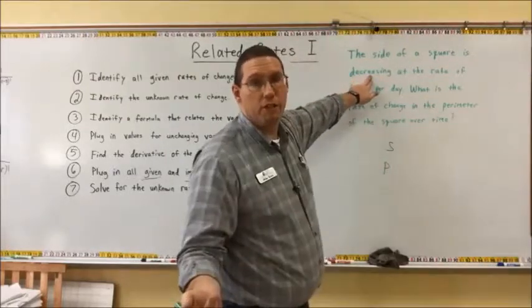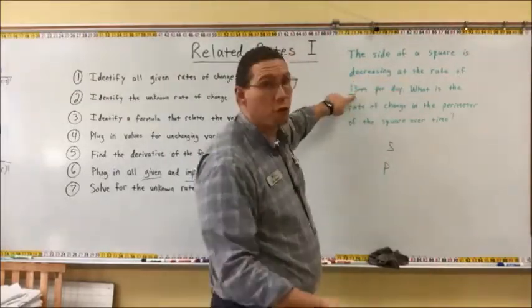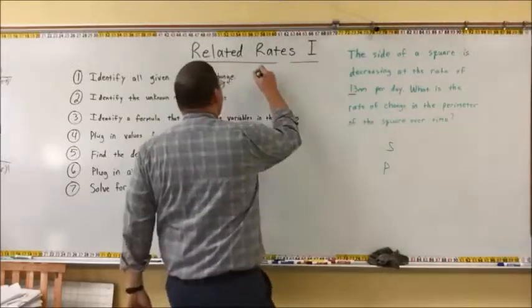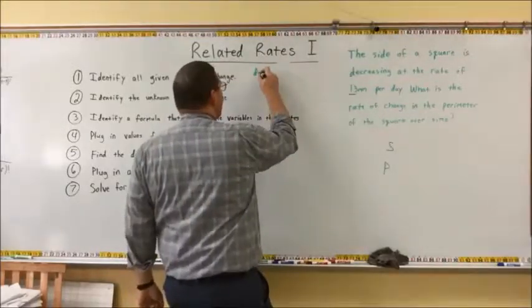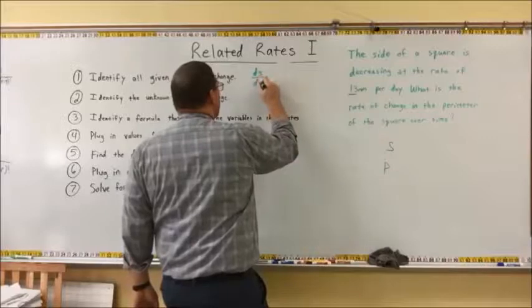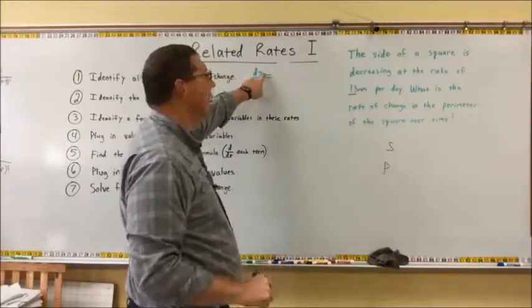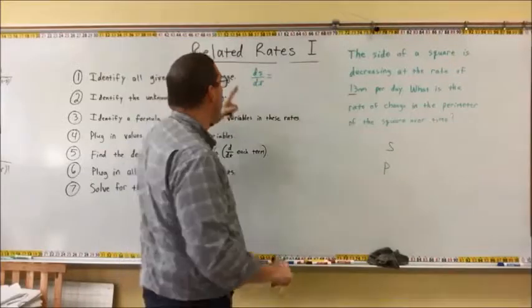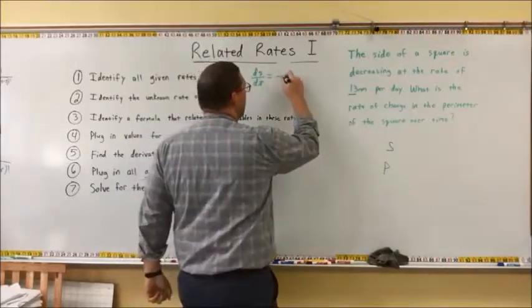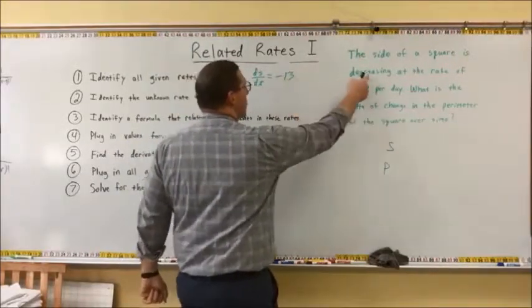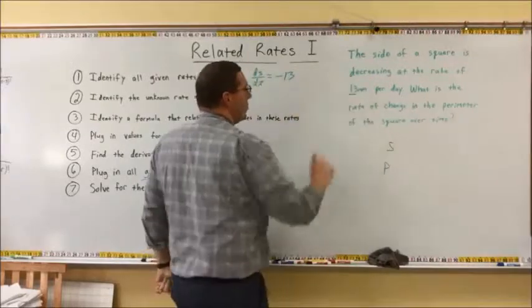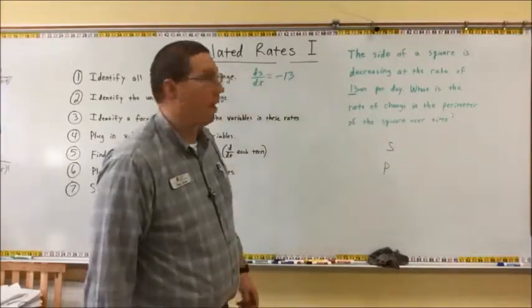That means our rate of change is negative, at the rate of 13. So side, that's S, ds dt. It's always d dt, and then we just put whatever variable we're dealing with here. ds dt is negative 13. It's negative because it's decreasing. It's 13 because we're told that it's decreasing at 13 millimeters per day.